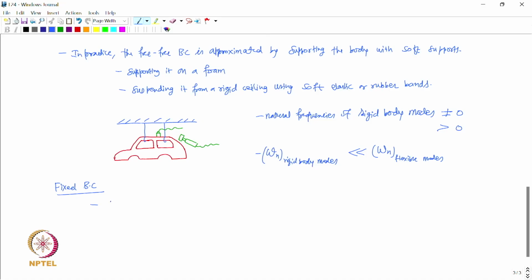So, some degrees of freedom of the body are fixed so that no rigid body motion is possible.